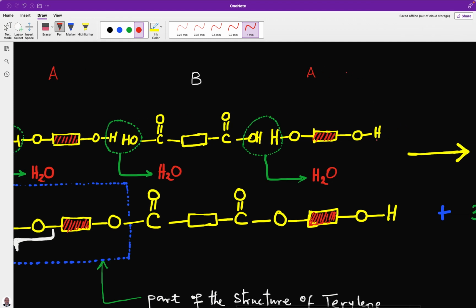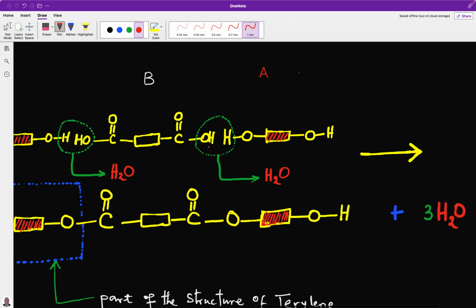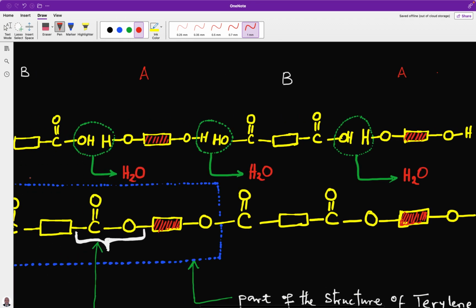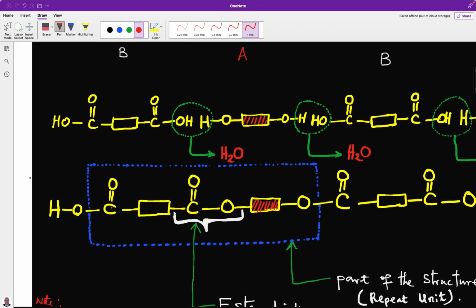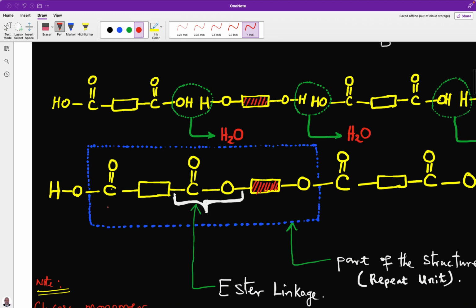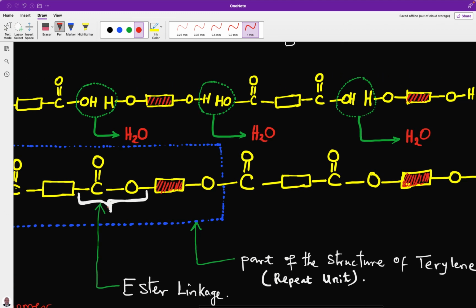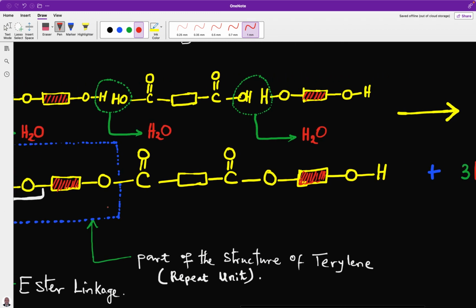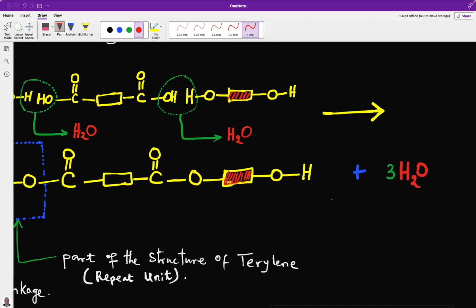This molecule, as you see it here, when these molecules of water are removed, it will result in this polyester. This is the polyester beginning from here, coming here, and ending here, plus 3 molecules of water that have been released.